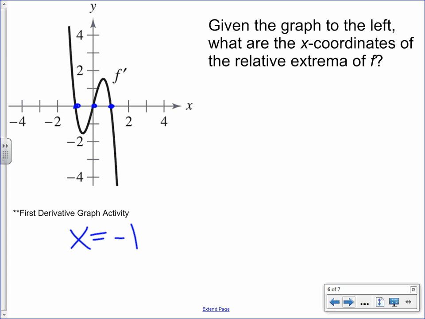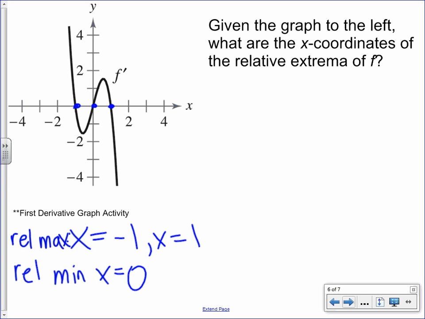They're switching from positive to negative. Relative maximum. Okay? At x equals 0, this is where our derivative is going from negative to positive. What's happening there? And what is happening at x equals 1? Excellent.